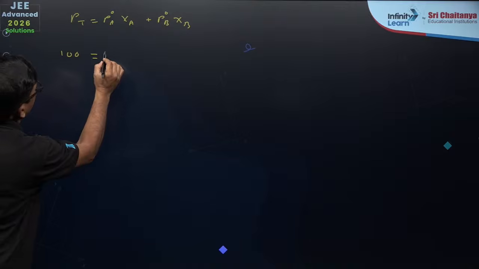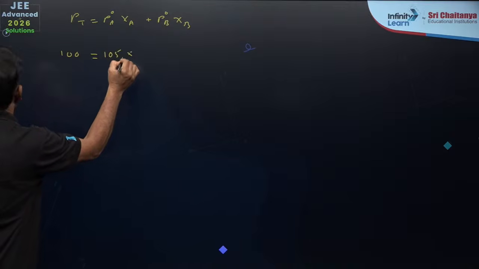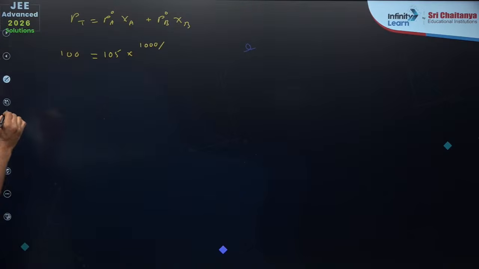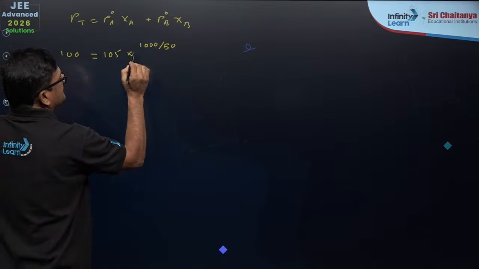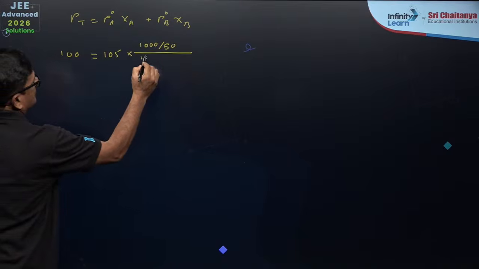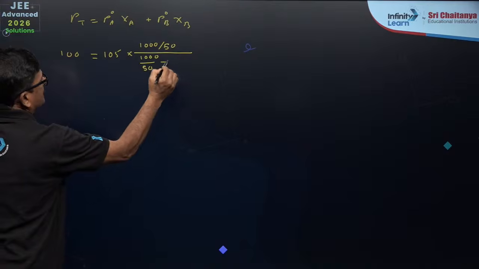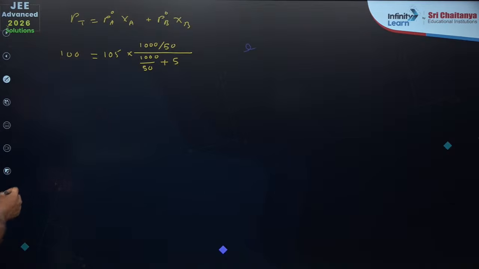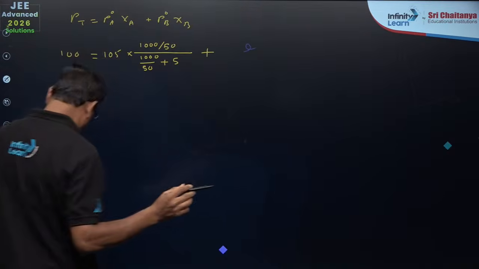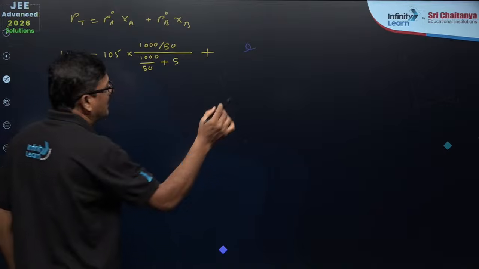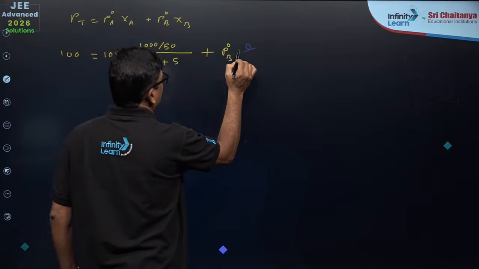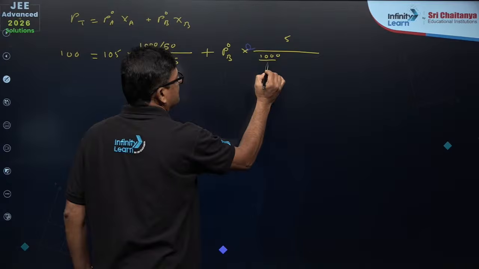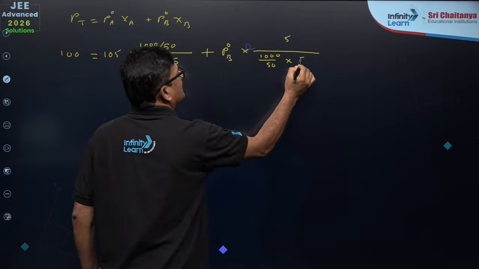It is going to be 105 times the mole fraction, which is 1000 upon its molecular mass 50, over 1000 upon 50 plus 5 moles of this, plus P naught B, which you have to evaluate, times 5 upon 1000 by 50 plus 5.